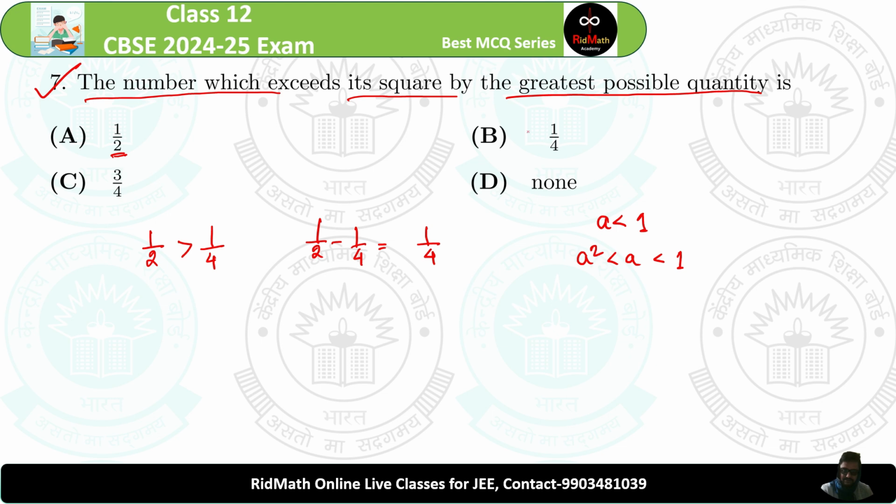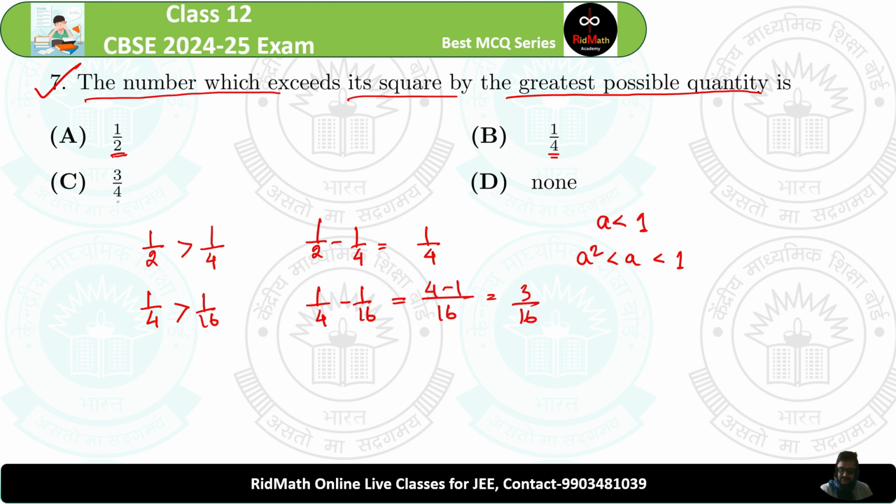Now the number is 1 by 4 and its square is 1 by 16, and 1 by 4 is greater than 1 by 16. How much? 1 by 4 minus 1 by 16, with 16 as the LCM. So 4 minus 1, that means 3 by 16.